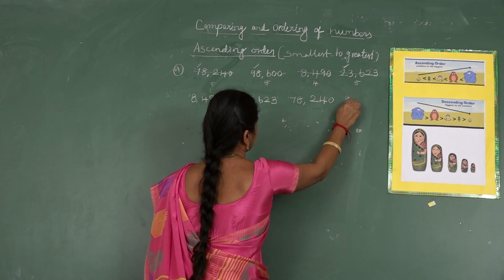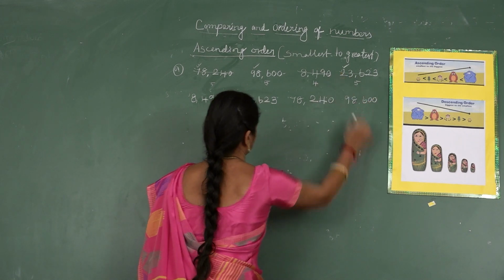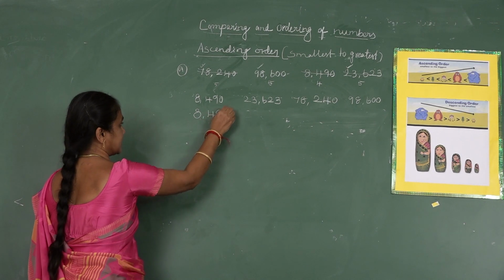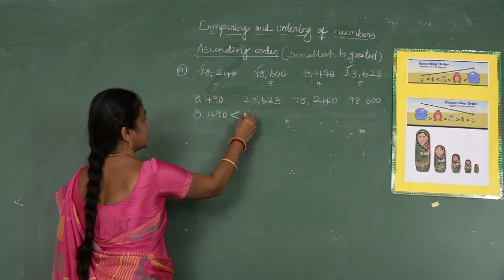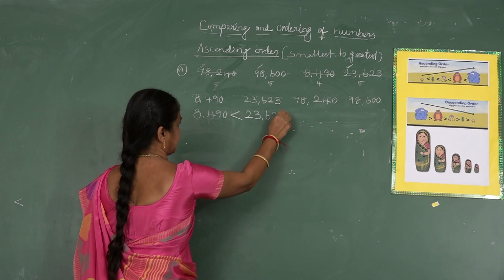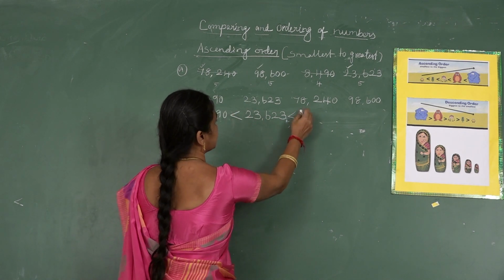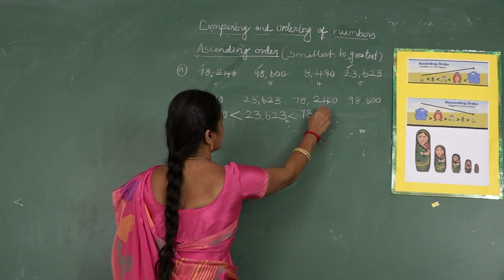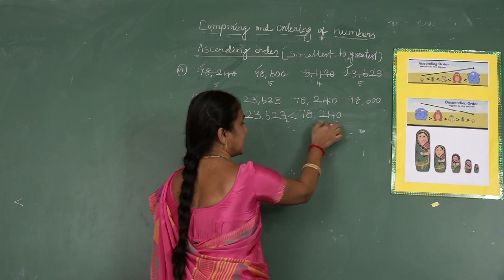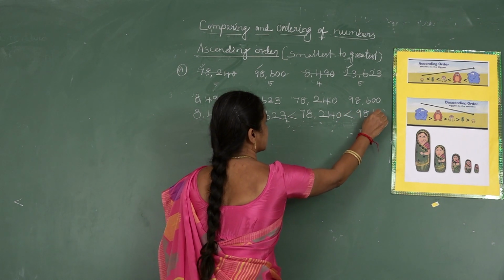We write 98,600 at the end. 8,490 is less than 23,623. This number is less than 78,240. This number is less than 98,600.